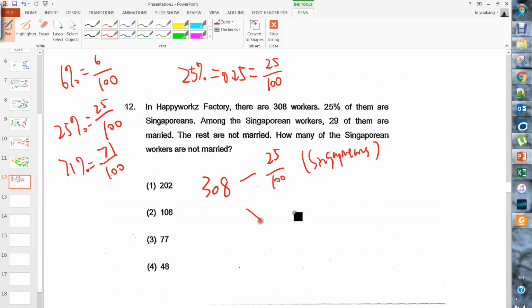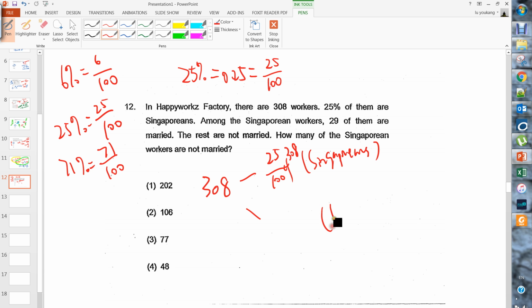Then can I ask, what's the rest? 25% of what? 308, right? If 25 out of 100 is Singaporean, so what is left? The branch method. So 25 out of 100 is Singaporean, so what is the value here?